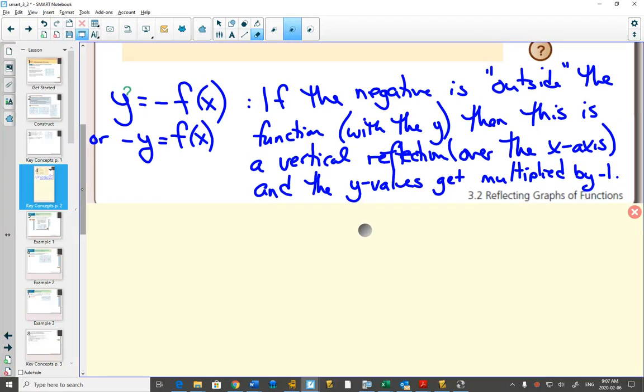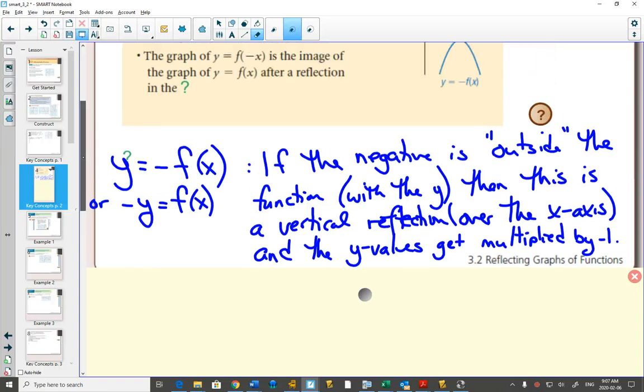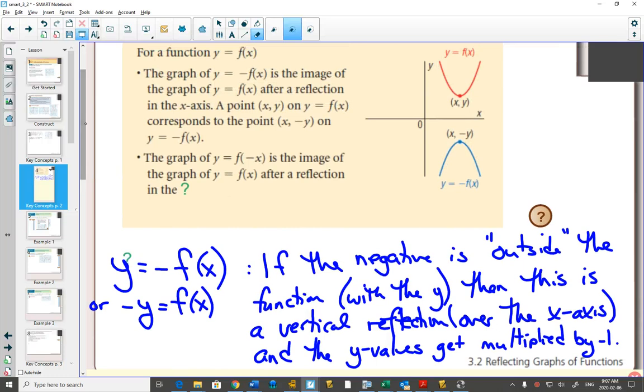So if that negative's on the outside of your function, it's affecting your y values. You're going to multiply your y values by a -1. So if I had a point on my original graph, just estimating here, maybe this is 8, 4. If your y values are getting multiplied by a -1, can you see that the corresponding point would be here when it gets reflected over?